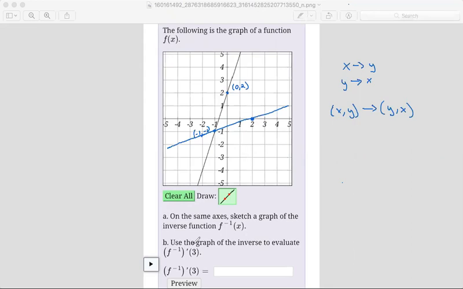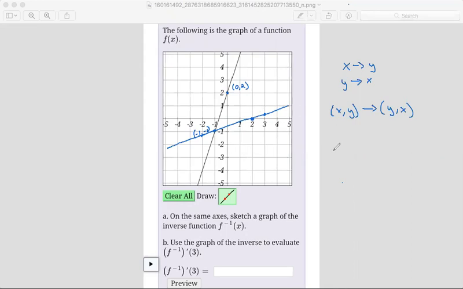And then it says to use the graph of the inverse to evaluate the derivative of the inverse at 3. So we're looking for the derivative at this point right here where x is equal to 3. And because this is just a line, the derivative of a line is the slope of the line.